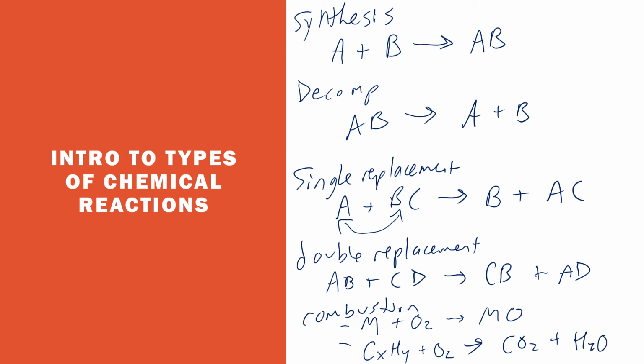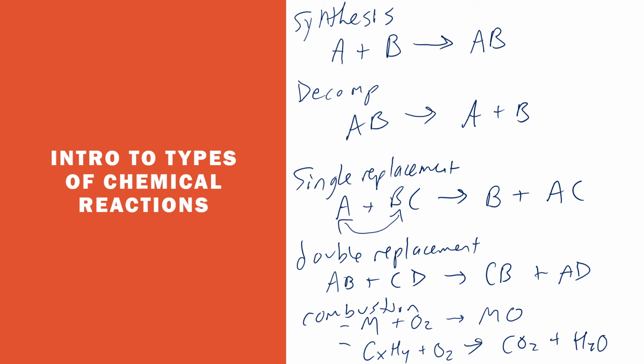Typically water vapor. It could be water liquid depending on the temperature, but it will produce carbon dioxide and water. So this one's kind of a special case. But yeah, so that's how we can see the patterns of reactions through this.